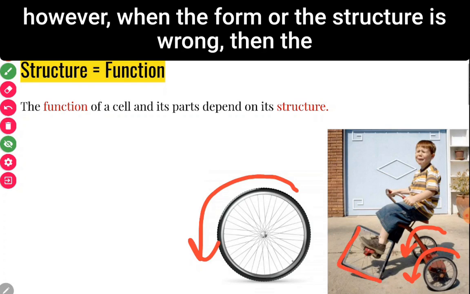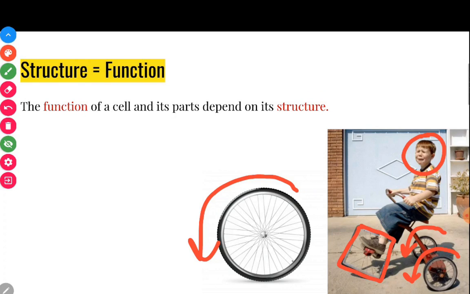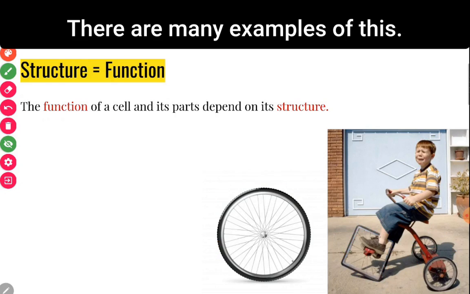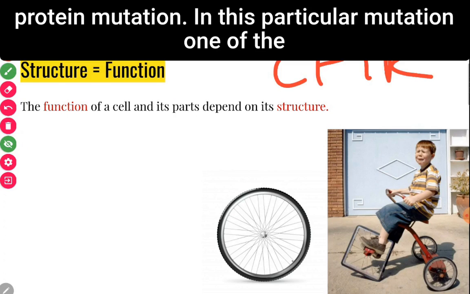However, when the form or the structure is wrong, then the cell cannot operate correctly. There are many examples of this. So, for example, cystic fibrosis is caused by a CFTR protein mutation.